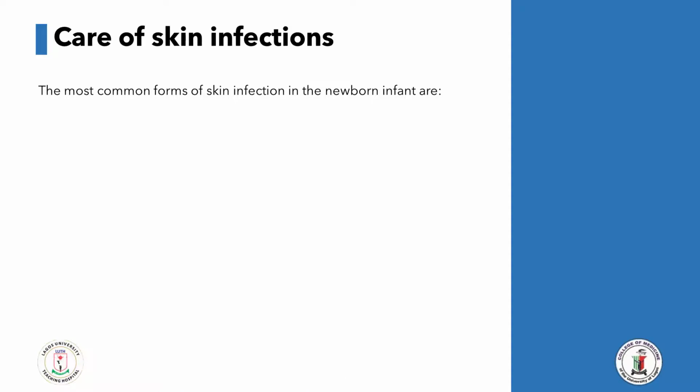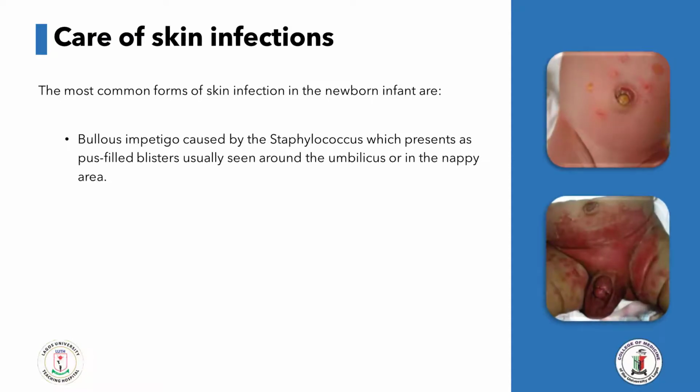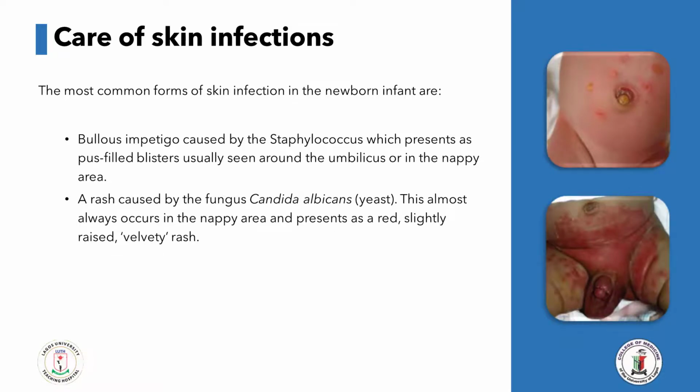The most common forms of skin infection in the newborn infant are bullous impetigo caused by the staphylococcus, which presents as pus-filled blisters, usually seen around the umbilicus or in the nappy area. And a rash caused by fungus, Candida albicans, that yeast. This almost always occurs in the nappy area and presents as a red, slightly raised, velvety rash.